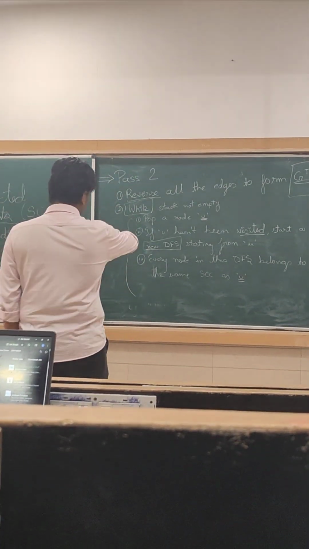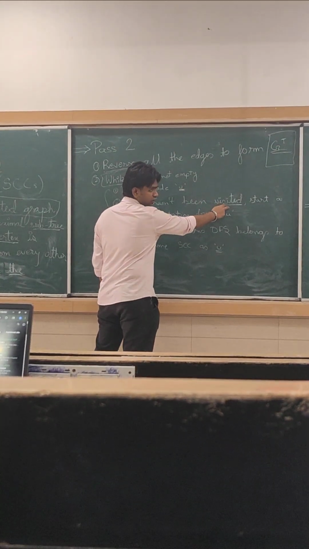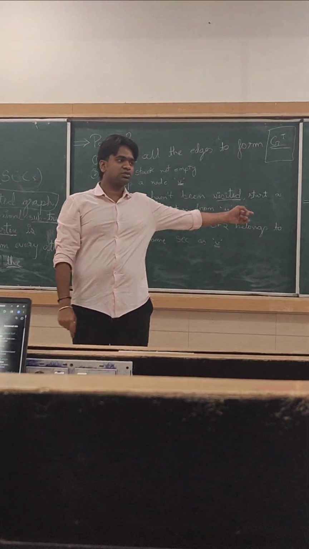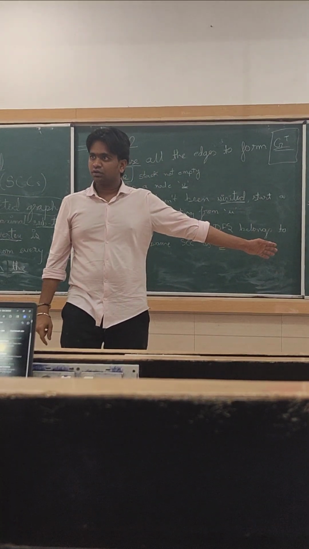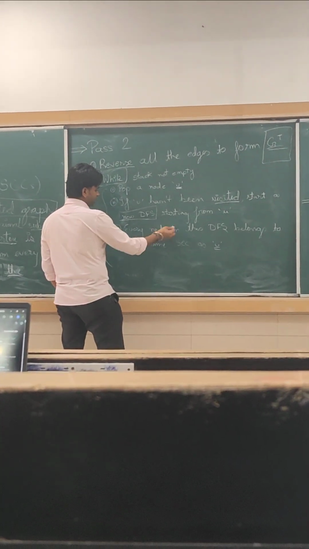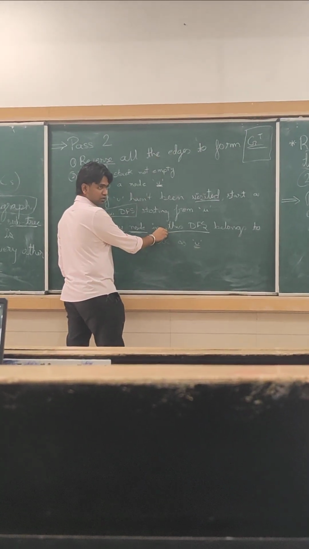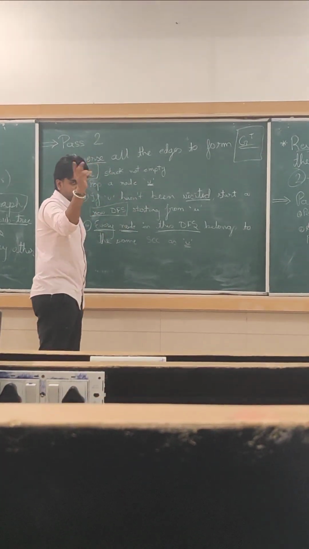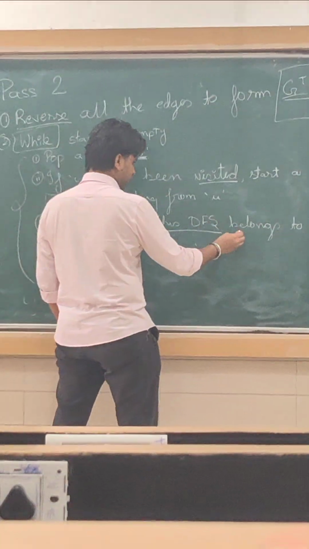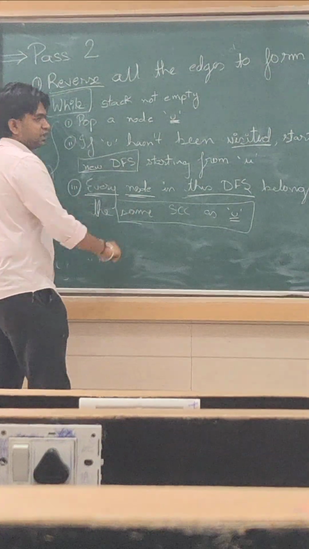So you pop a node, let's say that node is U, and if U is not visited, you start a new DFS starting from U, because U is the source. Yes or no? Yes. So starting from U, अभी U से start करके आप पूरा explore करोगे. So every node in this DFS belongs to the same strongly connected component as U.